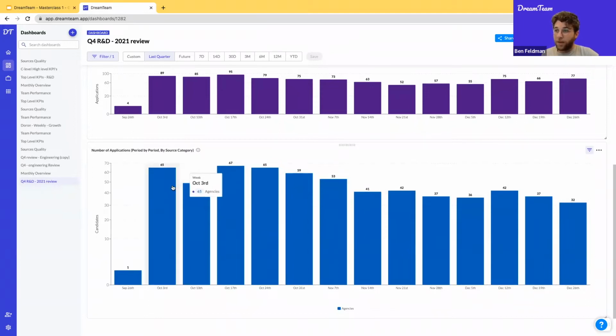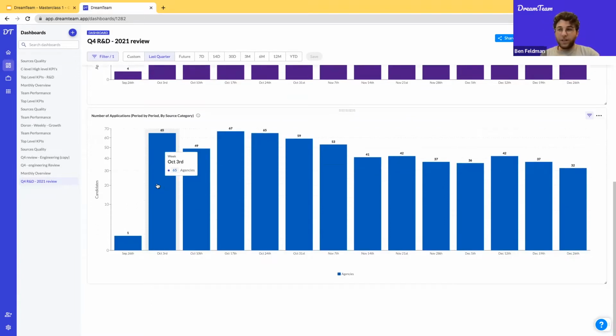From October 3rd all the way to December 26th, we see basically a 50% decline in CVs. With this knowledge, we can say, okay, must be that we're receiving fewer CVs, meaning we're having fewer quality hires, and therefore we're hiring fewer people. That's a perfectly logical explanation, but we need to confirm that, right? So we need to dive even further in.